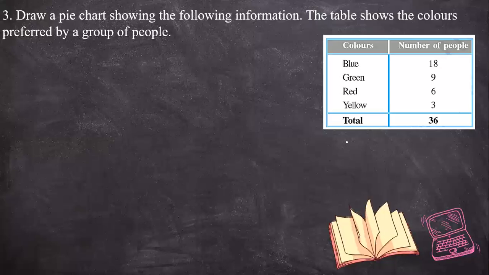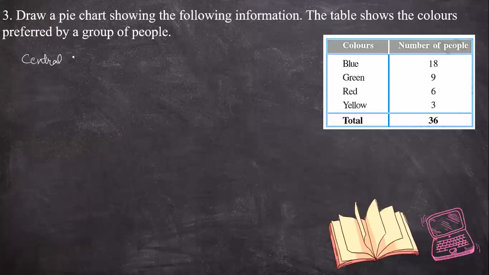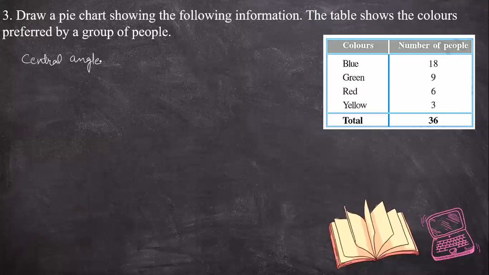Whenever we need to draw the pie chart, first of all, we draw a table where we find the fraction, or we find the degree. So we will find the central angle for each color.